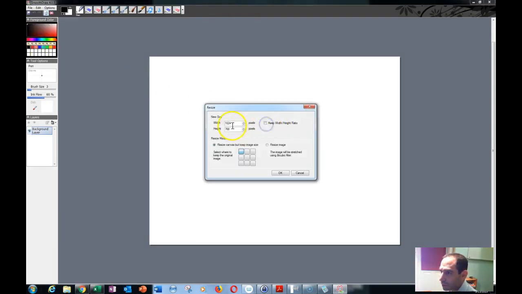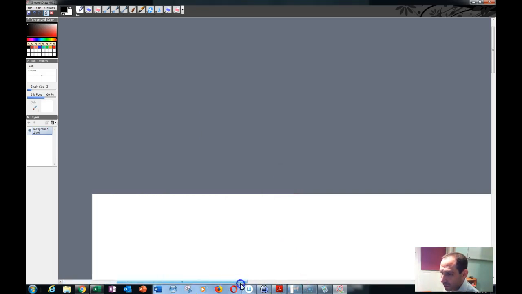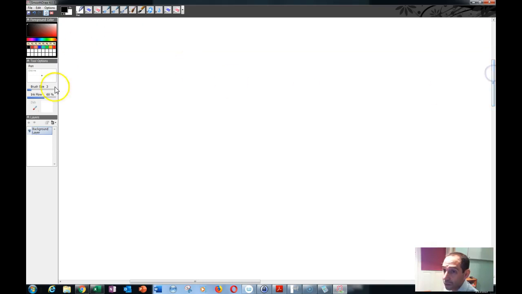Resize and make this, for example, 4,000 pixels times 6,000 pixels. Okay, so a new layer here, and there you go.